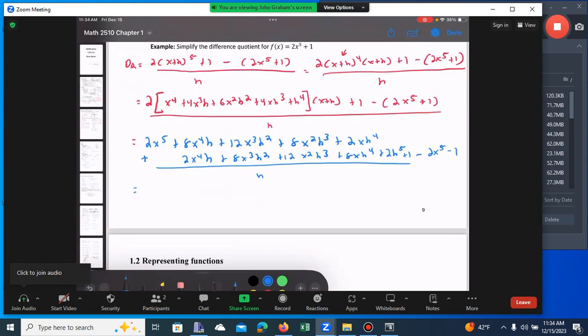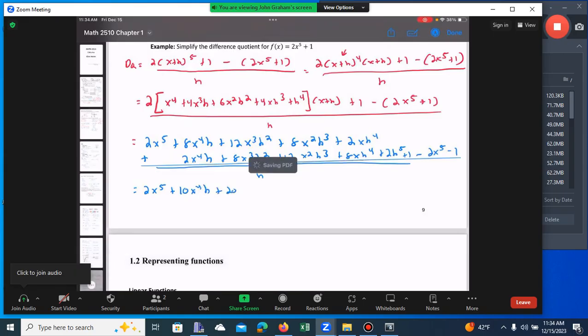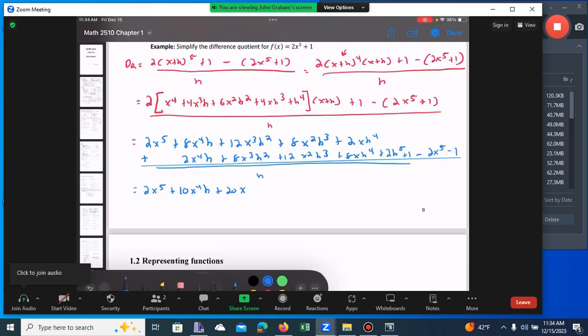Let me put this all together. 2x to the fifth plus 10x to the fourth h plus 20x cubed h squared plus 20x squared h cubed plus 10x h to the fourth plus 2h to the fifth, and plus 1 minus 2x to the fifth, all of this over h.